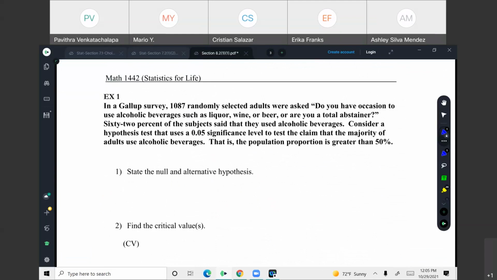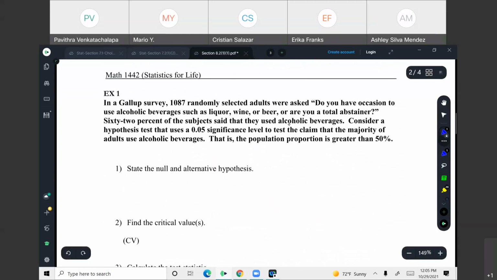Now take a minute to read this problem and tell me what is the claim.